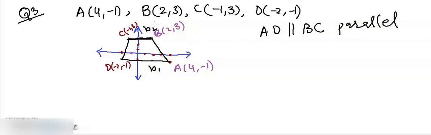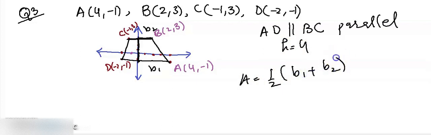So how to calculate height? Height is a line that starts from one base line segment and cuts the opposite base at 90 degrees. So basically this is my height. You just calculate the units: 1, 2, 3, 4. H is height, which is 4. You just use this formula, 1 upon 2 into base 1 plus base 2 into height, and you will get the area.